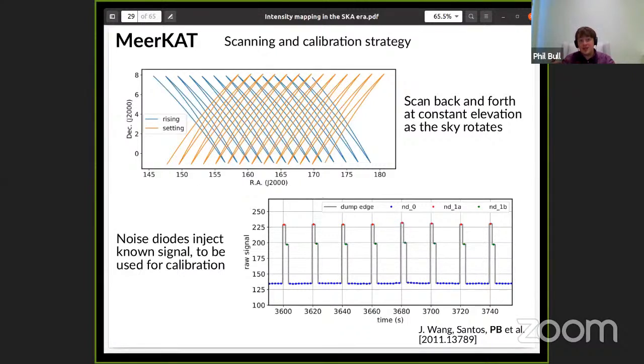Because these noise diodes can be manufactured in a very precise way, I think they're supposed to be stable to certainly better than 1%, maybe significantly better than that. Again, I'd have to ask the engineers, but because they're very stable, even as your signal and your calibration vary, you can rely on this signal. You always know that it should be the same, so you can do a relative calibration and use it as a fixed reference point as a function of time.